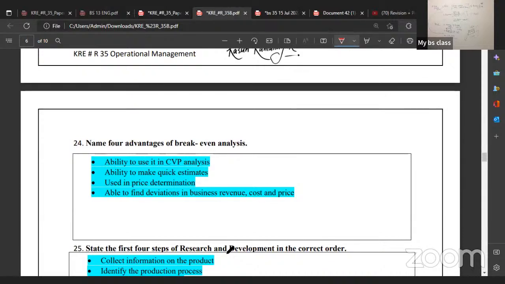Because if the break even is 2000 units, you know how much to target to earn a profit. Quick estimates using price determination. Also remember break even points have disadvantages and limitations too. Cost can increase, so in situations like inflation it is not suitable to use this.